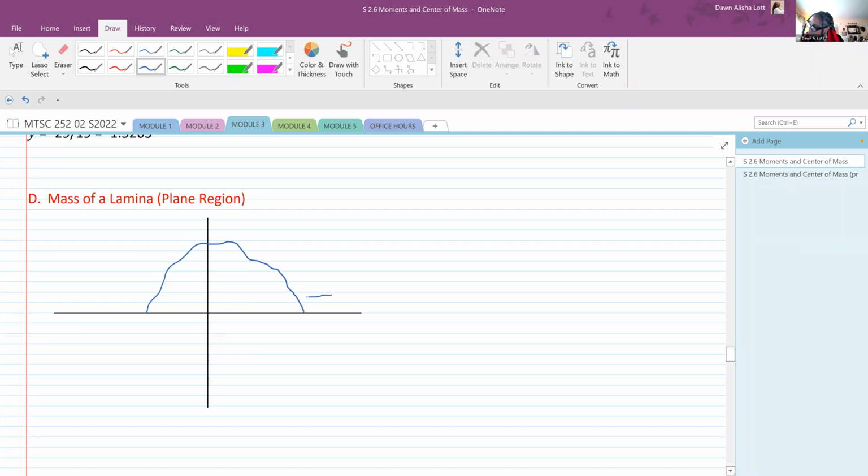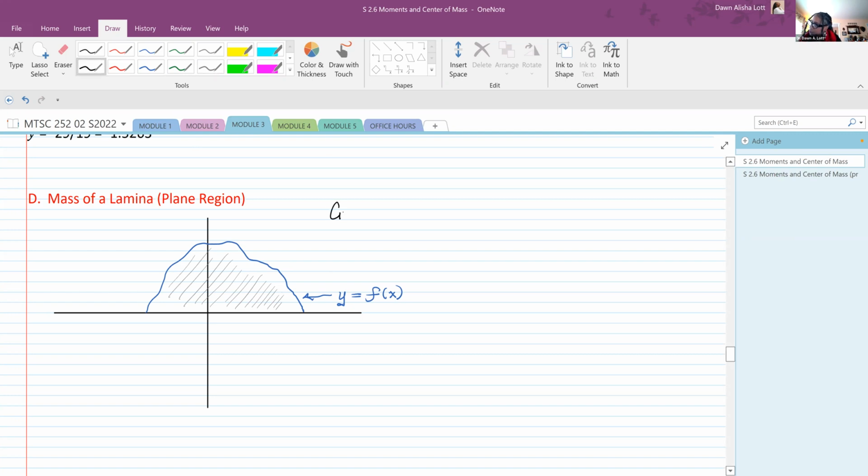This function is going to be y equals f of x, so that is some curve. And this lamina right here is my plane region. And I want to find its center of mass.